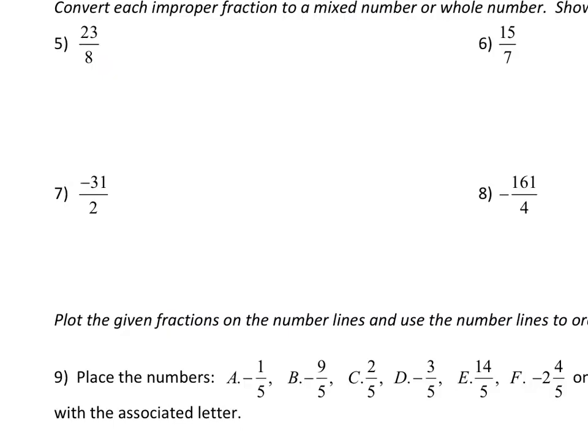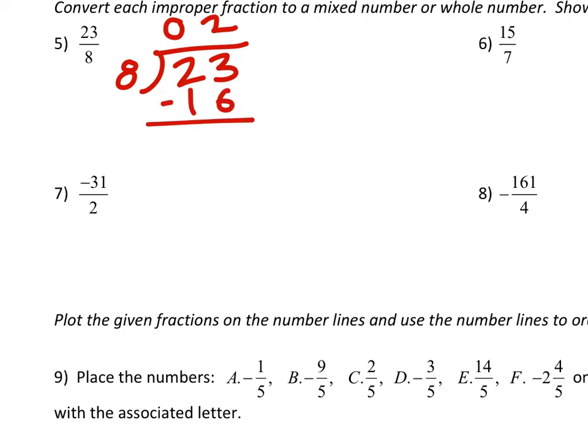Now they want us to change these improper fractions to mixed numbers or whole numbers, either way. This is just regular division right here. So if I had 23/8, then I can just divide this by 8 right here. Well, 8 doesn't go into 2. But it will go into 23 twice. 2 times 8 is 16.